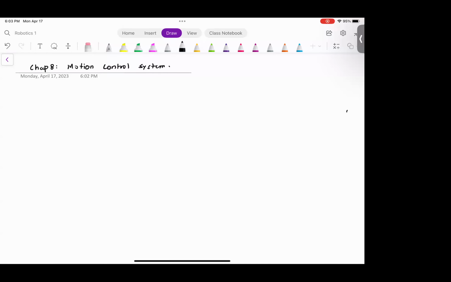Now, the problem that we are trying to solve is we have a robot arm, and for this robot arm, we actually used the Lagrangian equation and other different techniques and came up with the differential equation of motion.